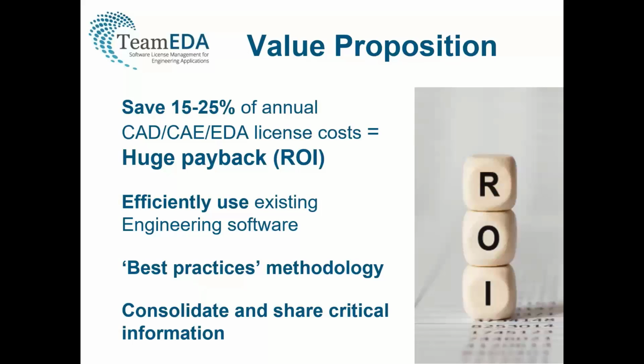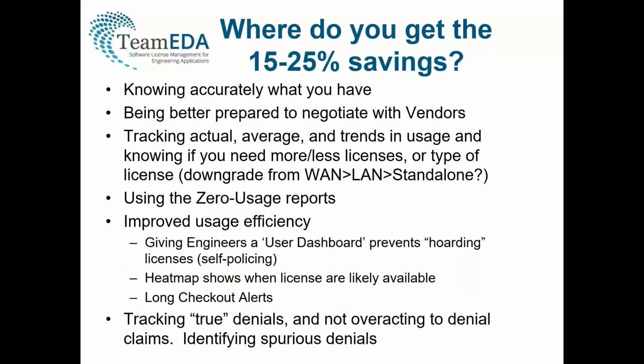It helps you efficiently use your existing engineering software, really squeezing out the very best value. And we'll work with you for best practices as well. So how do we get these savings? It's just as I referred to, accurately knowing what you have, really understanding what you've got so you can better negotiate with vendors.